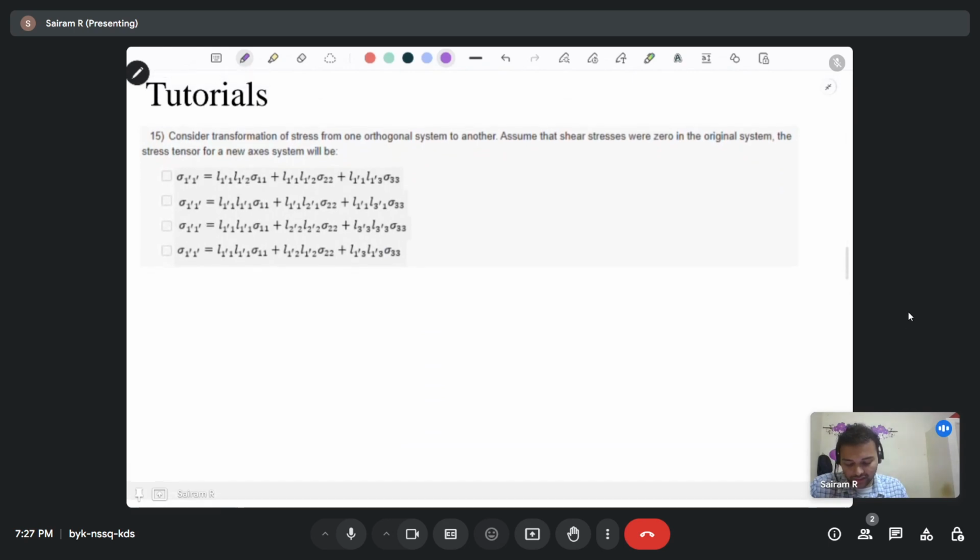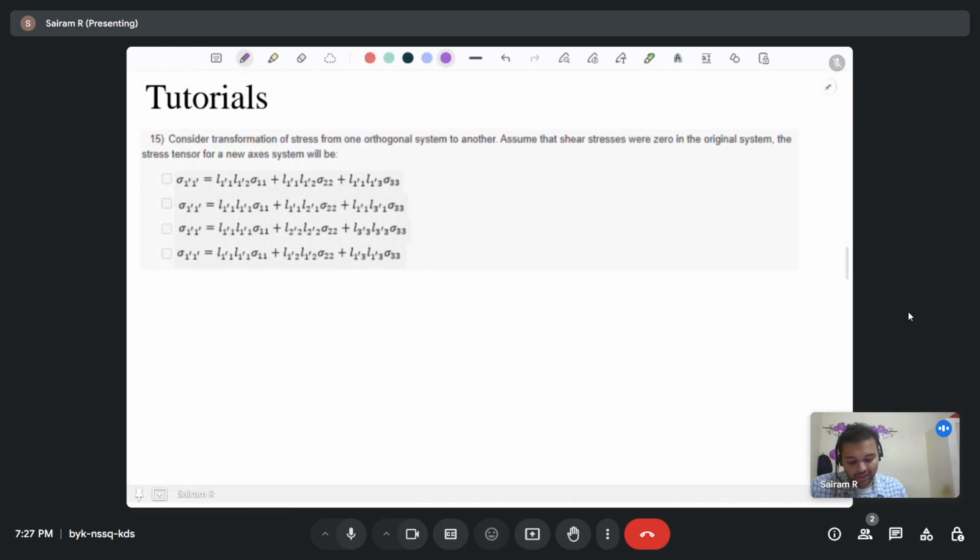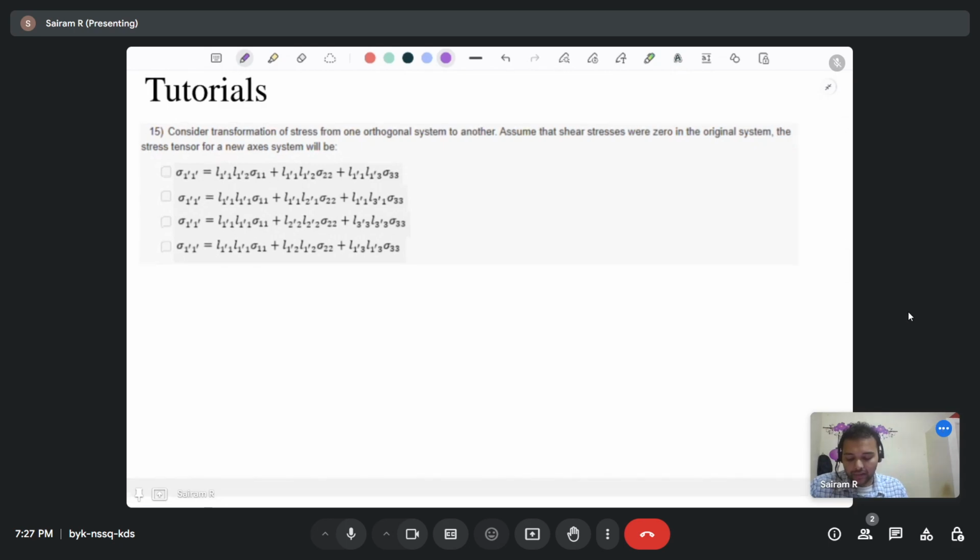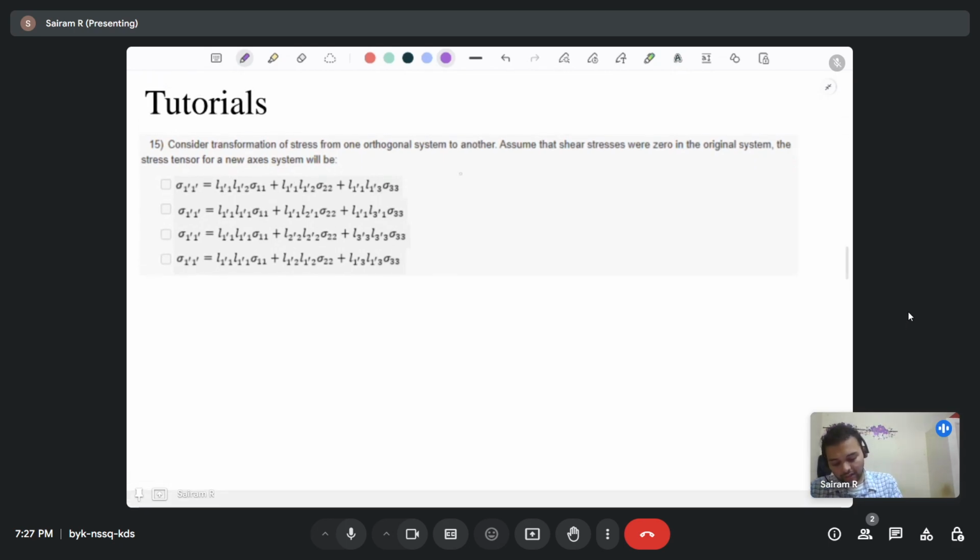Consider transformation of stresses from one orthogonal system to the other. Assume that the shear stresses were zero in the original system. The stress tensor for a new axis system will be. So they are basically asking us to find sigma 1 prime 1 prime.